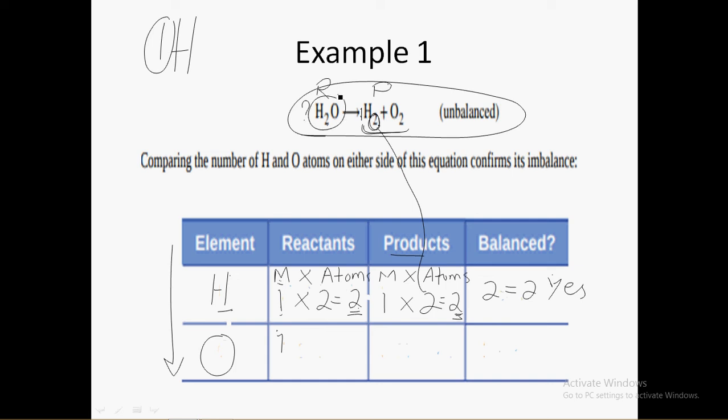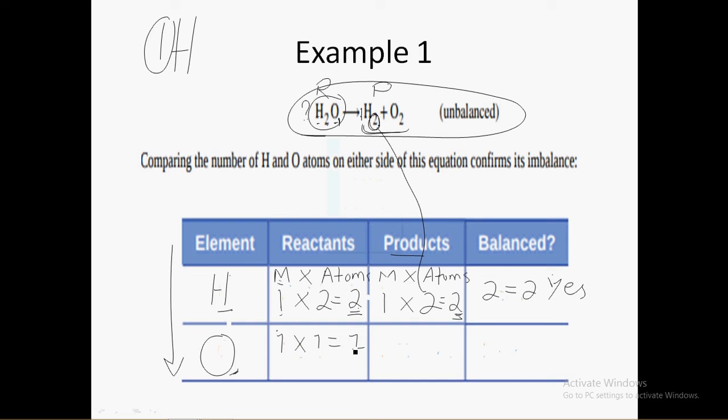We look at the water, not hydrogen and oxygen separately. Only we look at the coefficient, 1, times the number of atoms of oxygen. Here the subscript is 1. This is 2, but this is 1. So 1 times 1 is equal to 1.